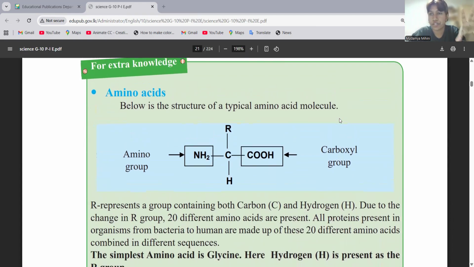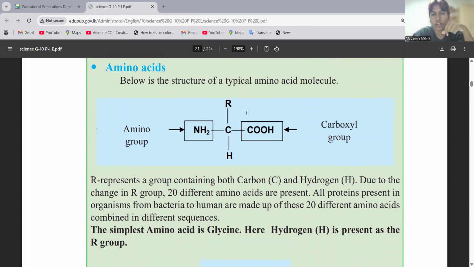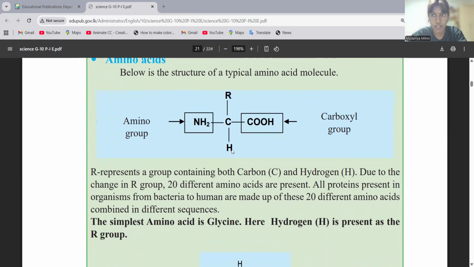So this is extra knowledge, as I said before as well. You can see in the picture the structural unit, how it's composed. You can see these are named the amino group and the carboxyl group. In the R, it has carbon and hydrogen.